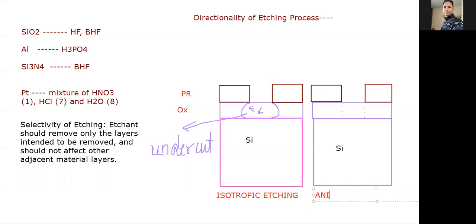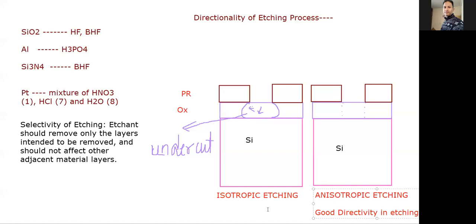Okay, for example, this is the second case. In the second case we call it anisotropic etching. Anisotropic etching is good and it is what we want. It has high directivity, or good directionality, in the etching process.